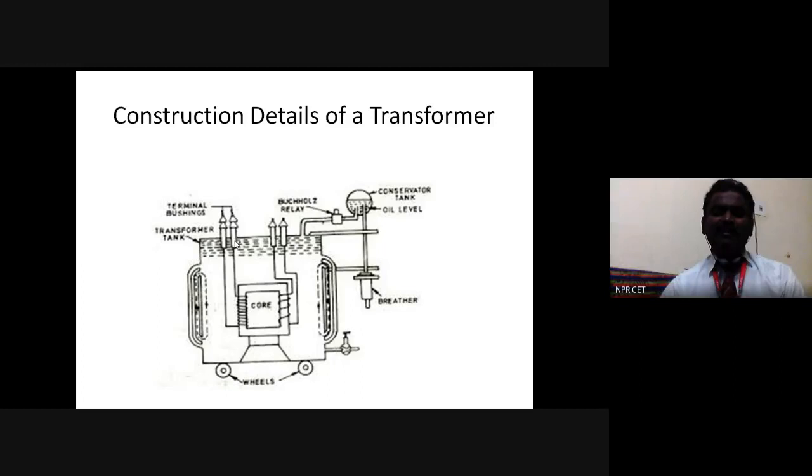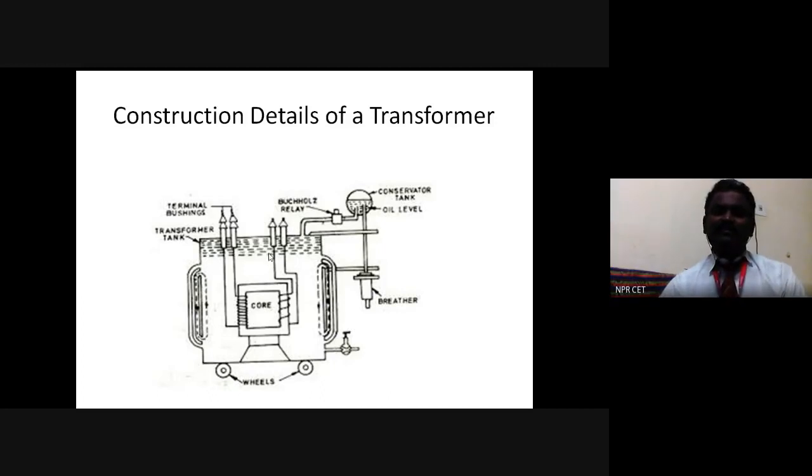To prevent short circuit between the transformer tank and the winding terminals, right? So this is the insulator terminal or terminal bushing. The terminal bushings are connected to the winding. Similarly, for the primary winding and secondary winding, terminals are connected to the bushings, right?